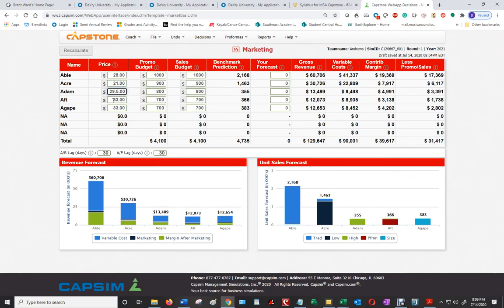If I can't later on, 29.5. Okay, if I do that, I still get positive contribution margin.